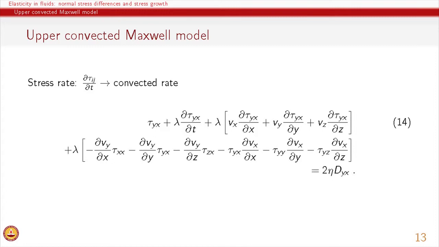So, the upper convected Maxwell model, when we use the convected rate of the stress, gives rise to additional terms. The expression here is given for the upper convected Maxwell model, but only the y x component.